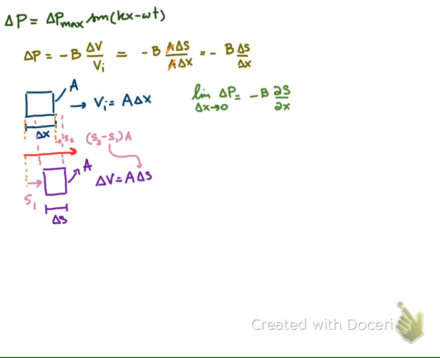And now, as I mentioned, if we want to write down the pressure wave like this, we have to change the form of S a little bit. So I will change the form of S here. S as a function of x and t is equal to S max cos.